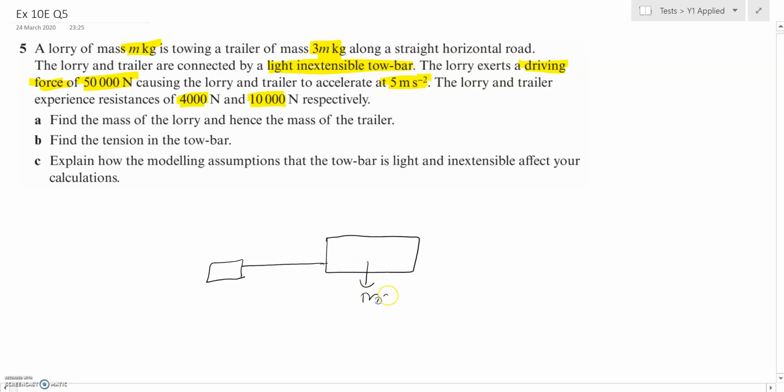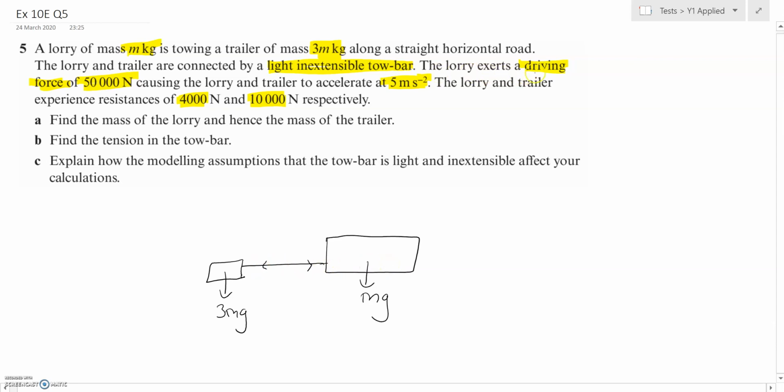So this is mg and this is 3mg. They're connected by a light inextensible tow bar. So there's going to be a tension in this, because if you read it, it's going to be moving. The lorry is towing the trailer, so there's going to be a tension.